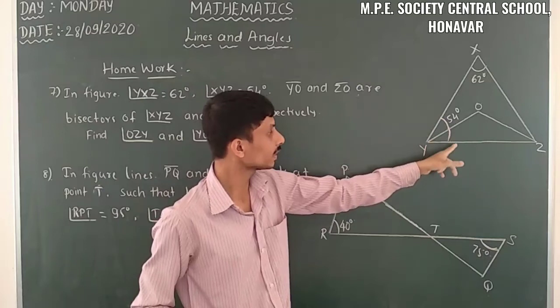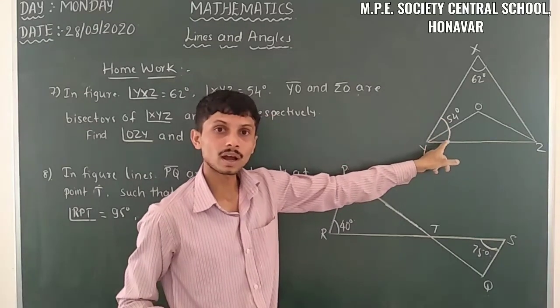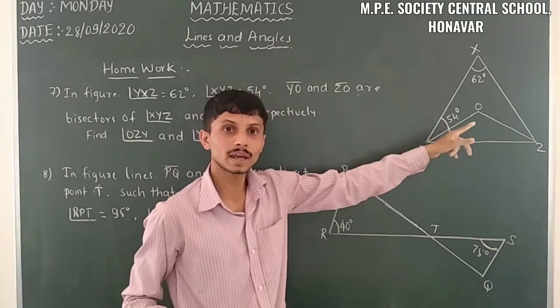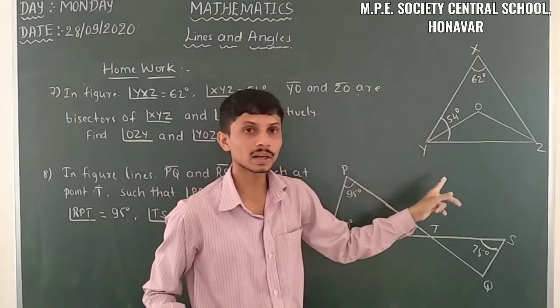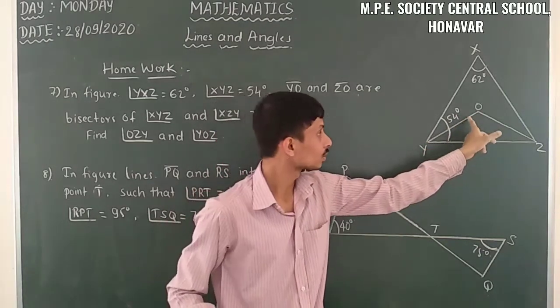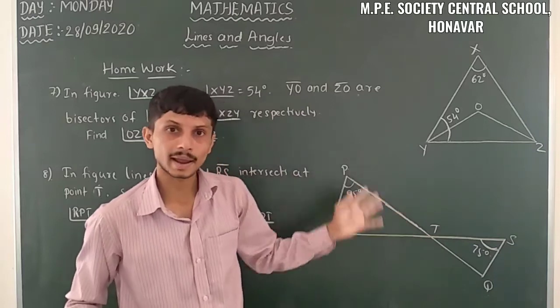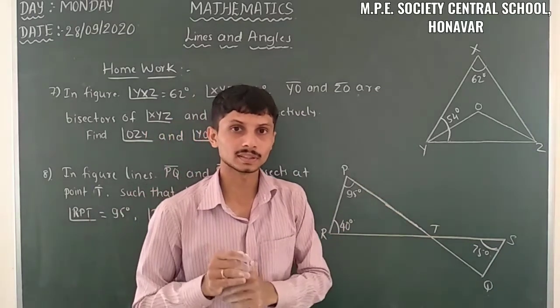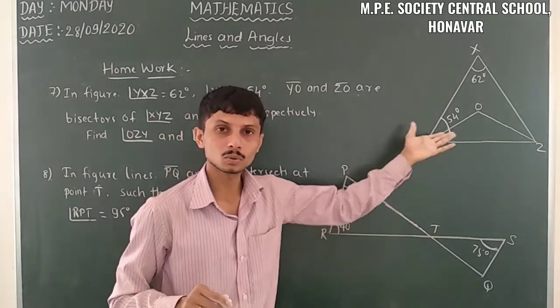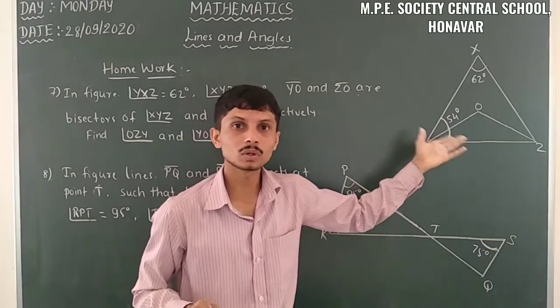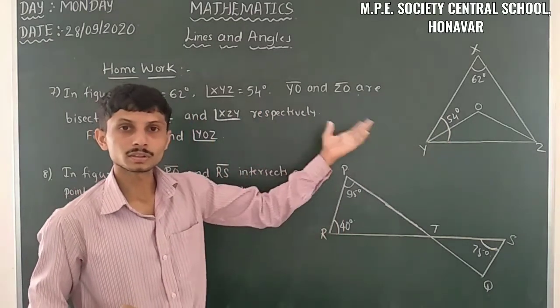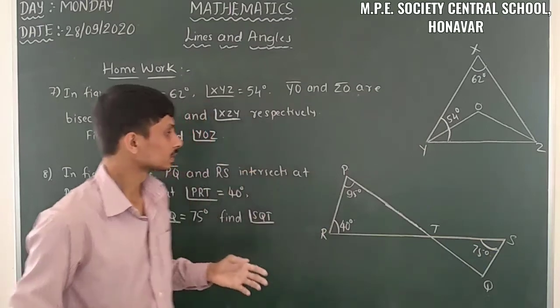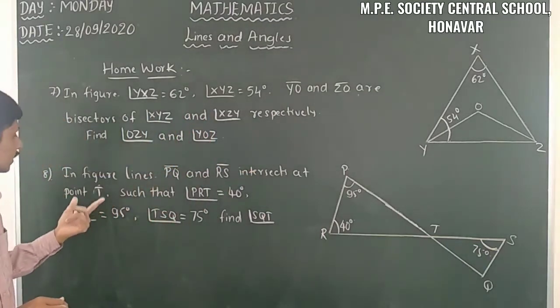From this angle we can find the angle OYZ. When we have OYZ and OZY, we can easily find the other unknown angle from the angle sum property. So you have to do this at home. Try that one.